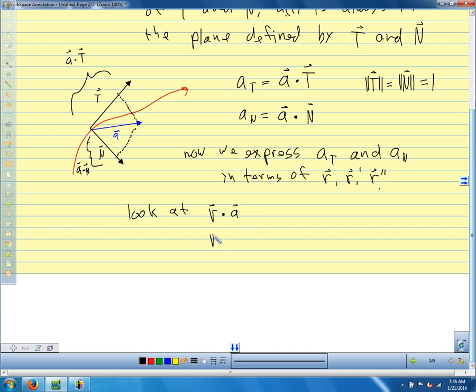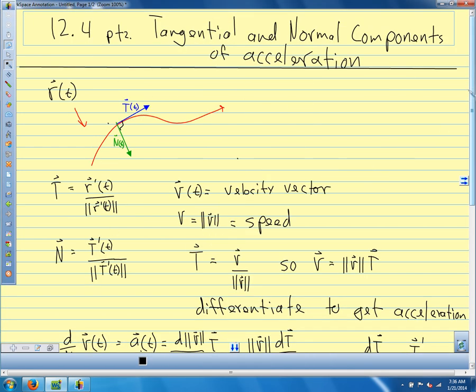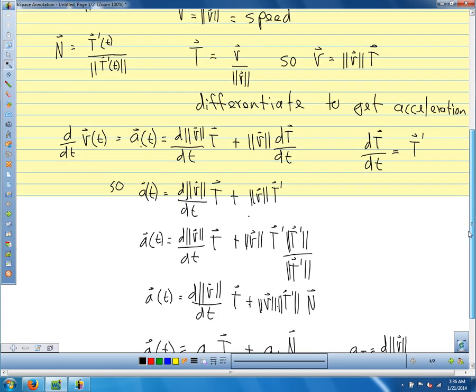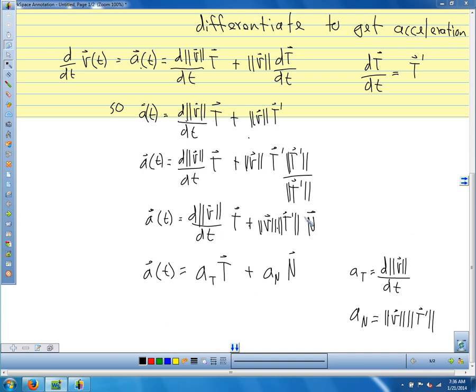We look at the velocity crossed with the acceleration, and we look at the acceleration dot acceleration. We go through the process of forming these dot products. We use this expression that we came up with for our acceleration, and we form those dot products and manipulate those.